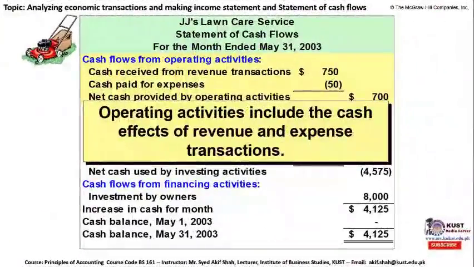But before understanding them one by one, let me explain that the first section, which belongs to the operating activity, includes only cash effects of revenue and expenses transactions. So we have to find out what are the revenue transactions and what are the expense transactions in the given question. And we have to mention only revenue and expense related transactions in the first section.